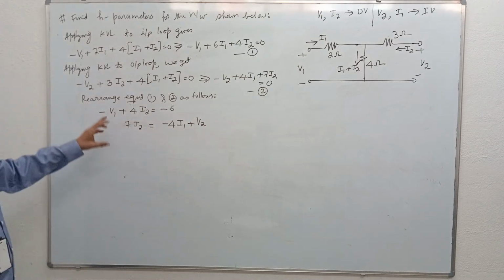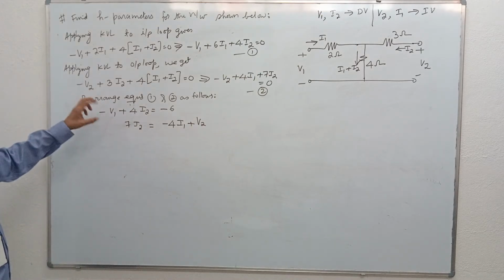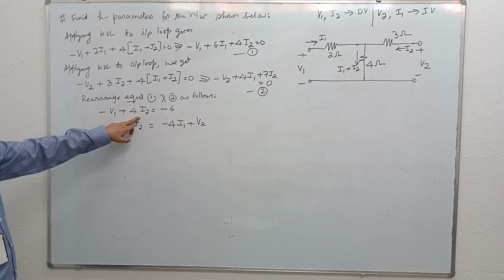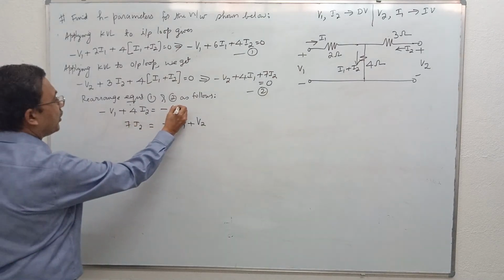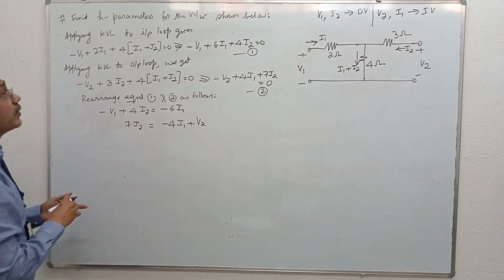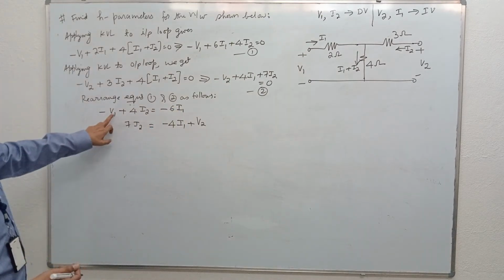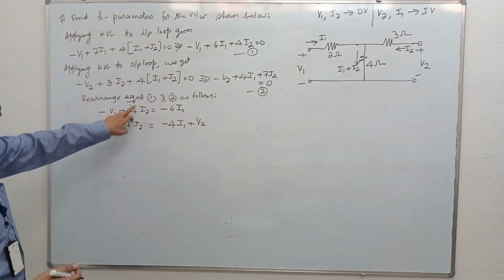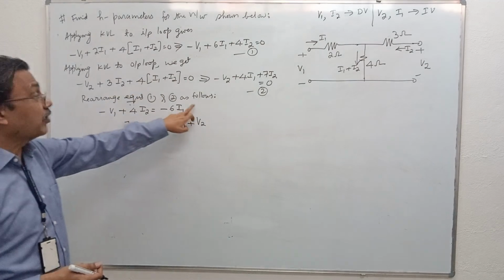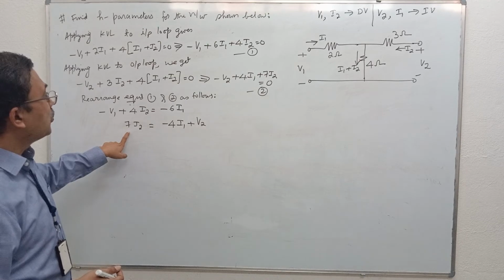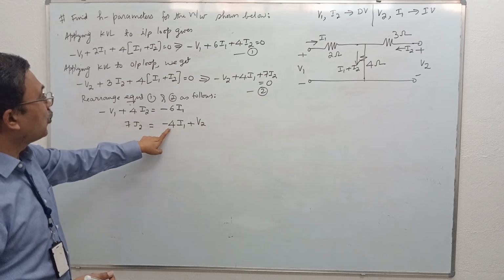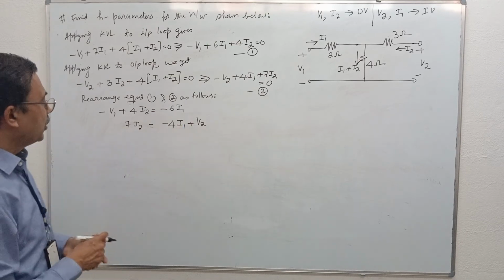Again, dependent variables namely V1 and I2 should be on the left hand side. Independent variables must be on the right hand side. Minus V1 plus 4I2 is equal to minus 6I1, and 7I2 is equal to minus 4I1 plus V2.